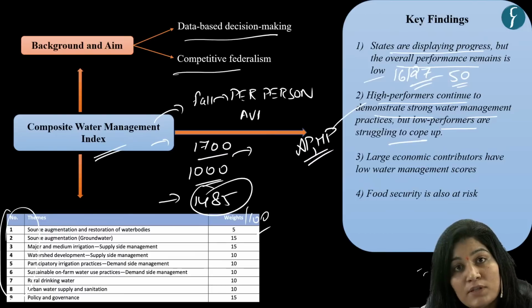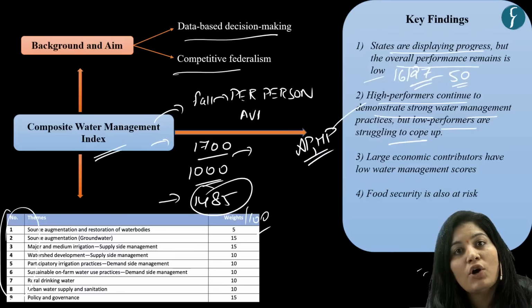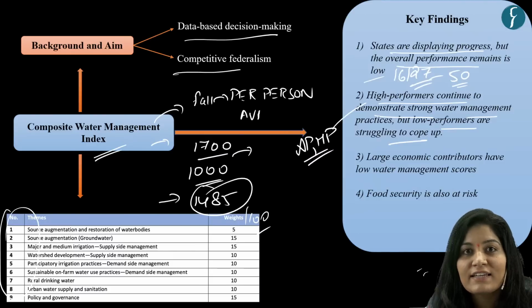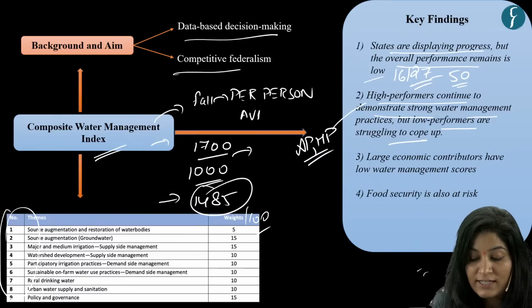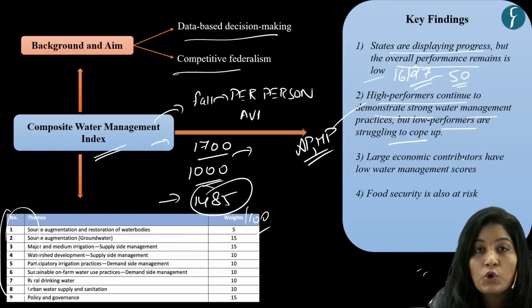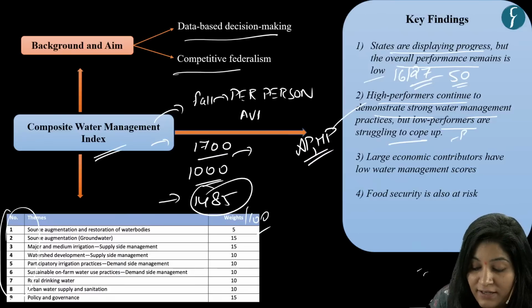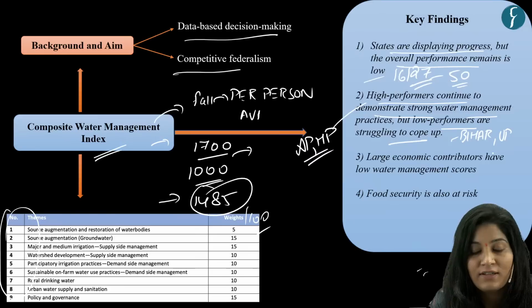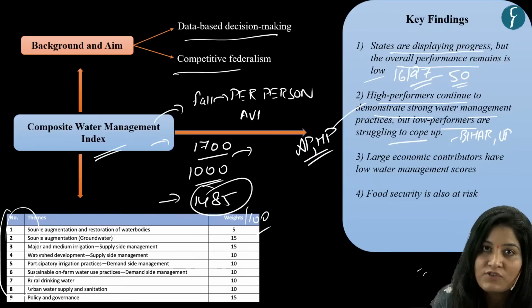But the problem is with low performing states, because they are not able to match high performing states in water handling capacity, and that is why they are struggling to cope up. States like Bihar, states like UP, are not doing very well in this regard.